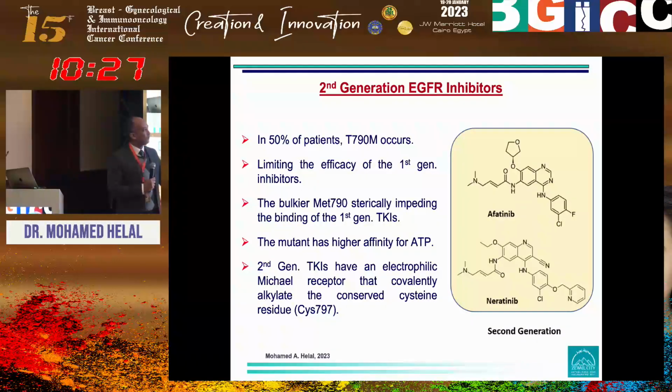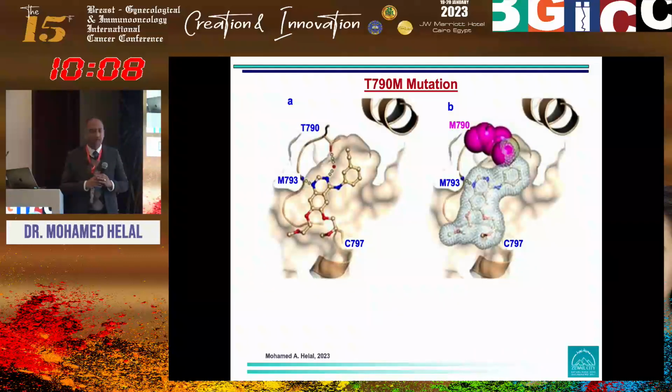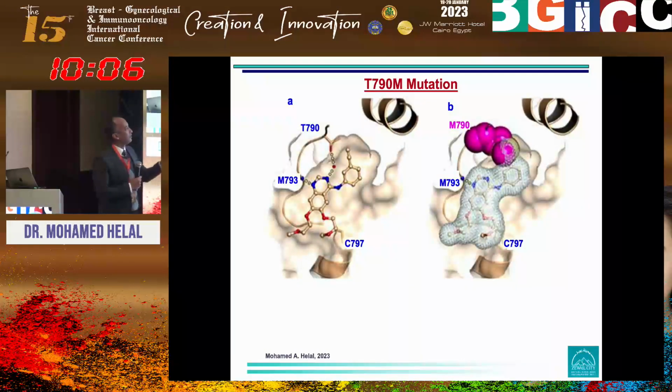So scientists developed the second generation of EGFR inhibitors, where they have an electrophilic group, an acrylamide derivative, to form a stable, irreversible covalent bond with cysteine 797 at the edge of the ATP binding site. We can understand what happened from this figure. This is threonine 790, which is involved in a water-mediated hydrogen bond with the inhibitor.